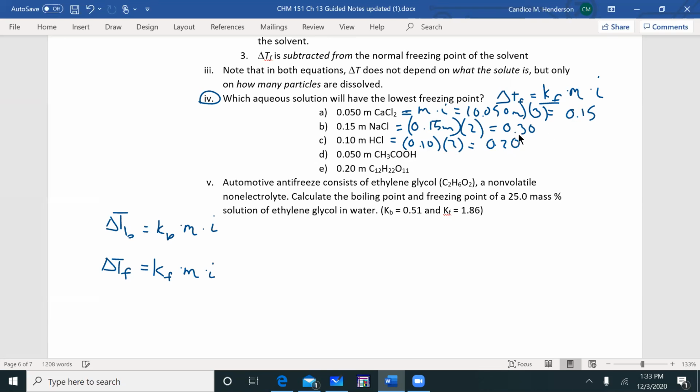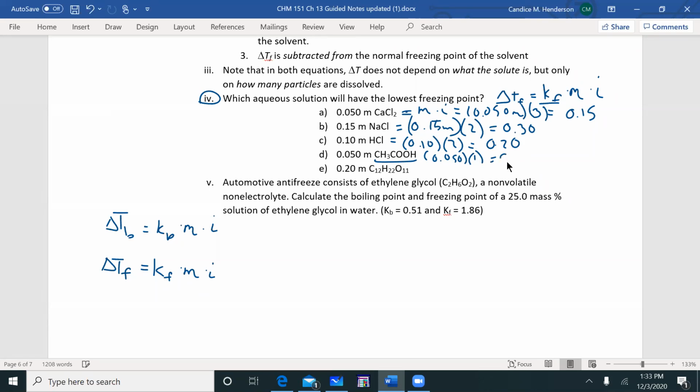Again, these are sort of unitless. We're just comparing the numbers. I could plug in the Kf for every single one of them, but I don't have to. This big clunker right here is a molecular non-electrolyte solution. We have a nonmetal mixed with all nonmetals. So in this case, I'll have 0.050, but I'm only going to multiply it by 1 because I just get one of these.